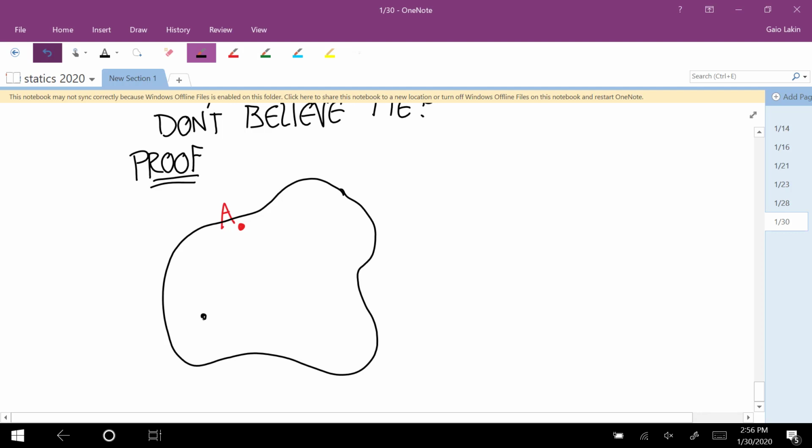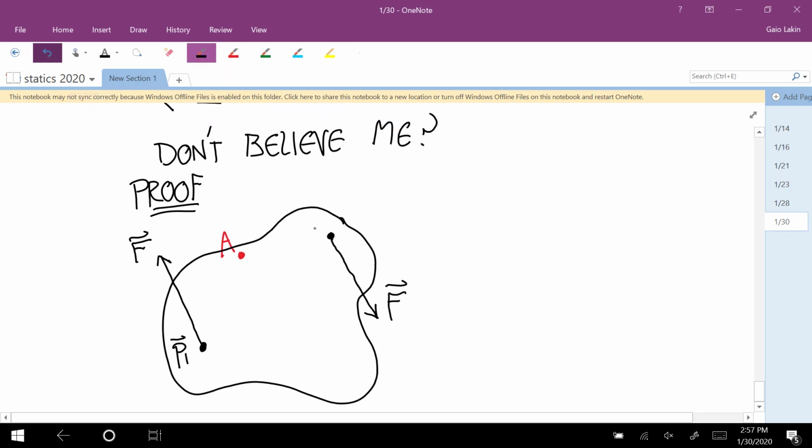And we'll apply a force, I'll call it just F. I'll apply that at a point P1. And then somewhere else on the body, I'll apply an equal and opposite force. So those are parallel, but it's going the other direction. That's also F. And the point where that force is applied is P2.